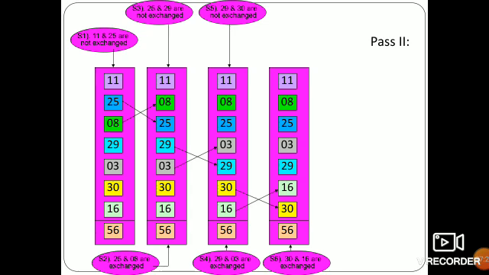So after completion of the second pass, the second largest number becomes fixed at the second last place. The second largest element is fixed in its place.